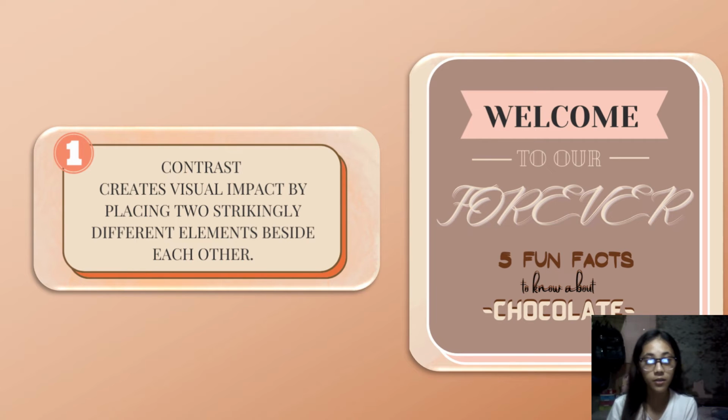So presenting to you is an example of contrast in typography. Well, it has different font styles, different font sizes also. And also it uses color backgrounds to emphasize the text.